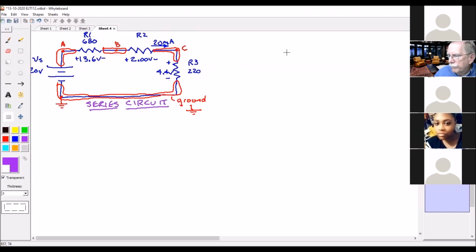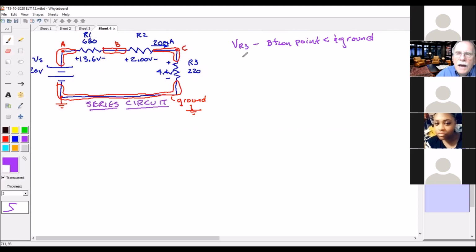Okay, so we have double subscript notation. So the last voltage we could look at would be V sub R3, which goes between point C and ground.